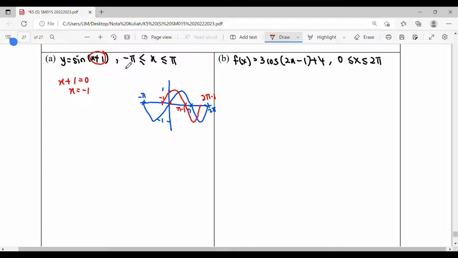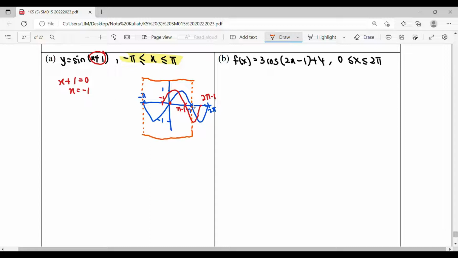Then we see, are we going to draw every part? But for this question, it gives us a domain. It asks us to show the graph on the domain, which starts from -pi up to pi only, up to here only. So we're going to show our graph starting from this until this part only.